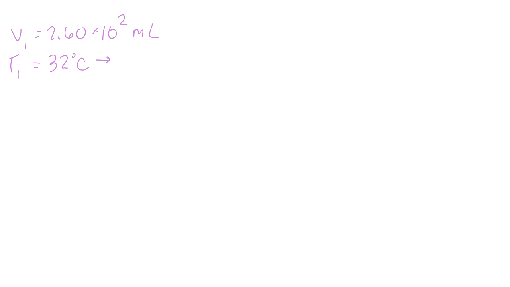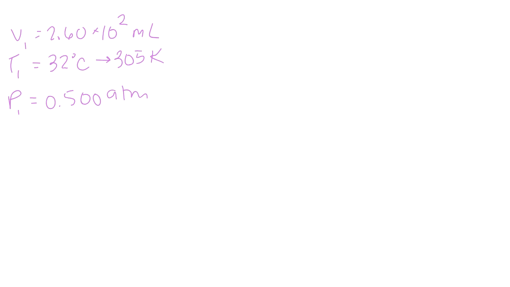We know that we need to convert that, so that becomes 305 Kelvin. And that sample of methane is also under a pressure of 0.5 atmospheres. So P1, 0.5. All of this information goes together, that's how I know it's V1, T1, and P1.